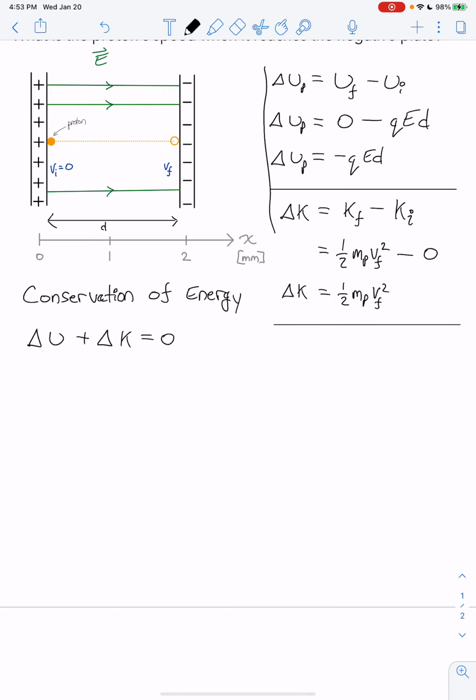Okay, so now we can go back down to our conservation of energy statement, and we can substitute in some values. So we have negative QED for our change in the potential energy, and then we've got 1/2 mv squared for our change in our kinetic. And now it's a matter of rearranging and isolating for the value that we want, which is this final velocity.